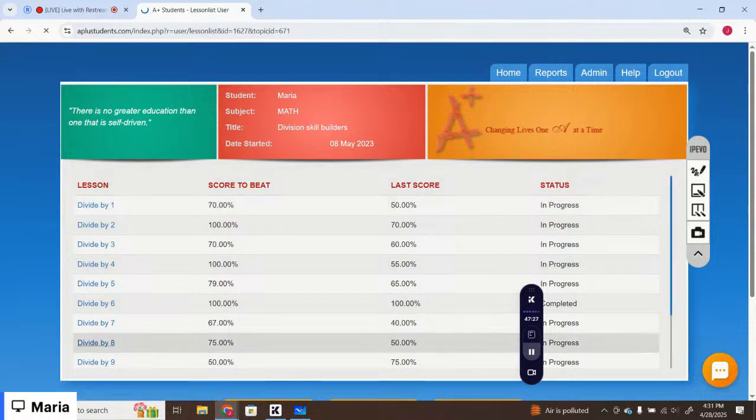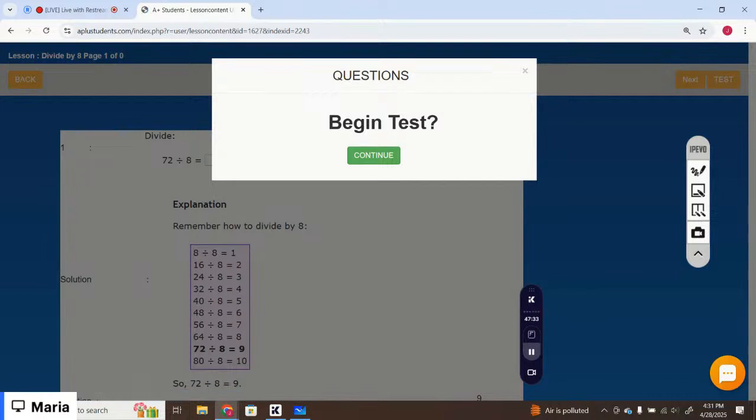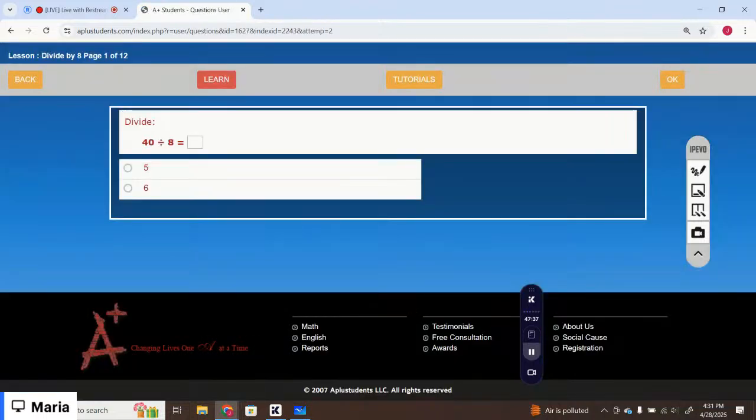The next lesson is divide by 8. Let's just start with the test question. 40 divided by 8, which is the correct option?